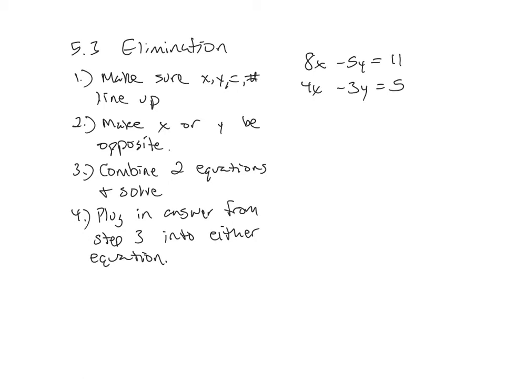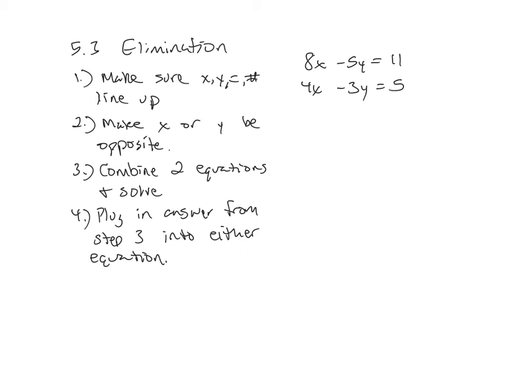On this one, I would not use substitution because I have numbers in front of all the x's and all the y's. That's going to be a really difficult problem, probably involving some fractions. So I don't want to go anywhere near that. So x, y, equal, numbers are lined up. I need to make x or y be opposite.